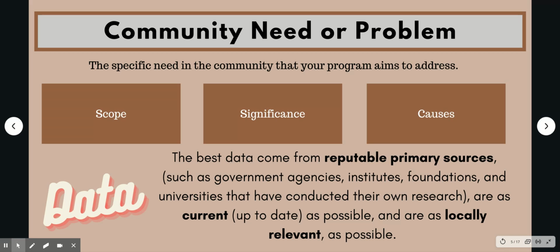So, government agencies, foundations, universities that have completed their own research. It should also be current, so as up to date as possible, and locally relevant. So it should be relevant to the geographic location that the program serves.